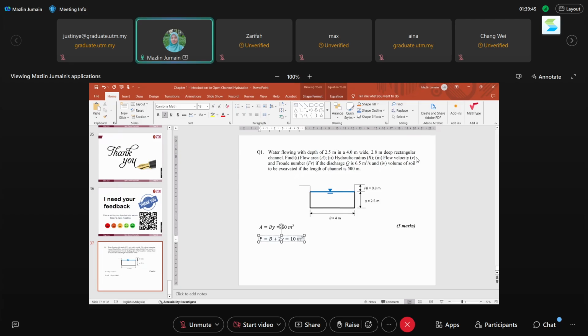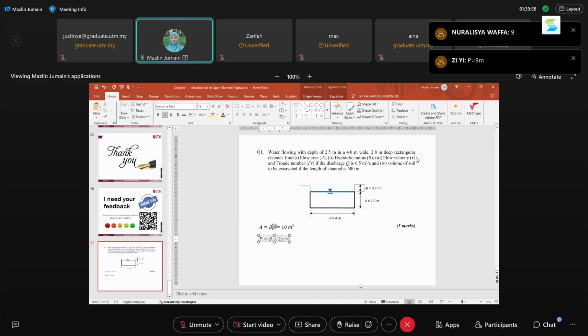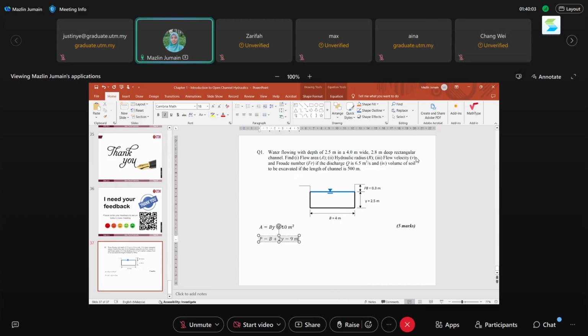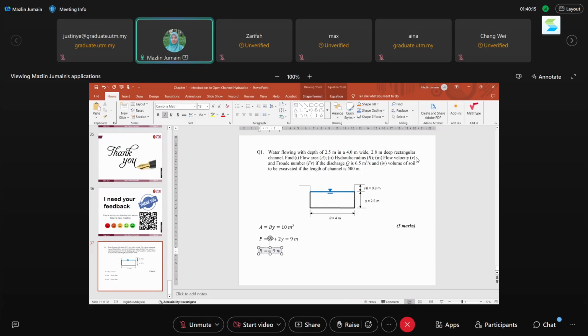So what do you get for P, the wetted perimeter? 9 meter, okay, correct. And then next for R, so R equal to A over P. So this one you will get 1.11 meter.